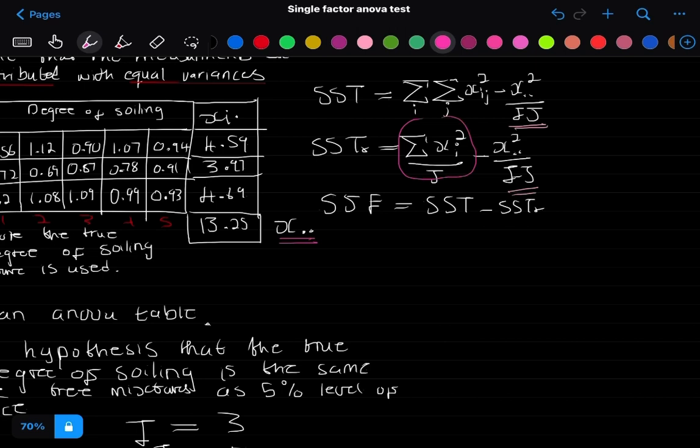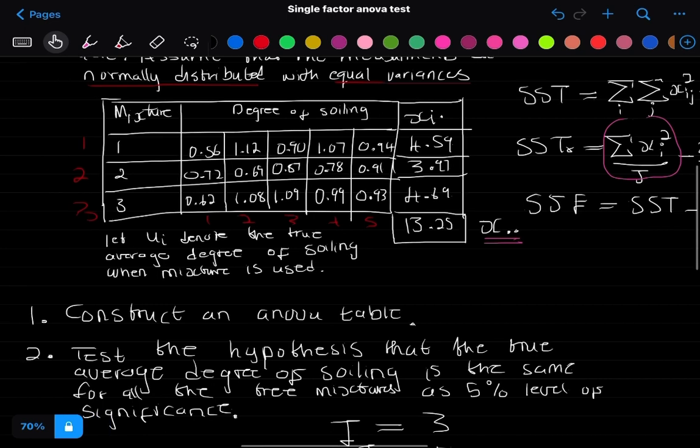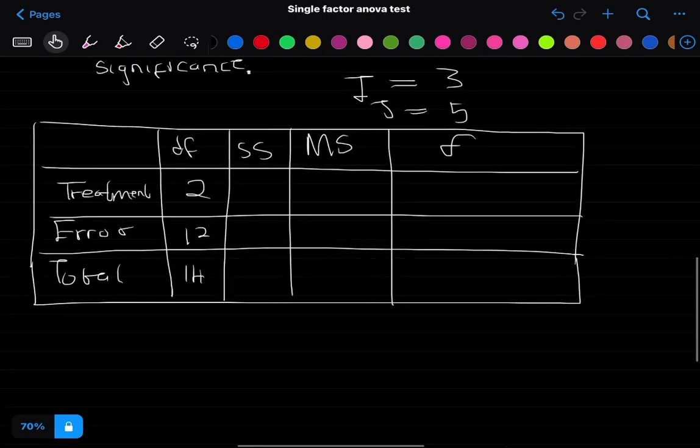We already have the I and the J. Now how do we find this? All we do is to square each of the row sums here and sum them and divide by J, which is 5.